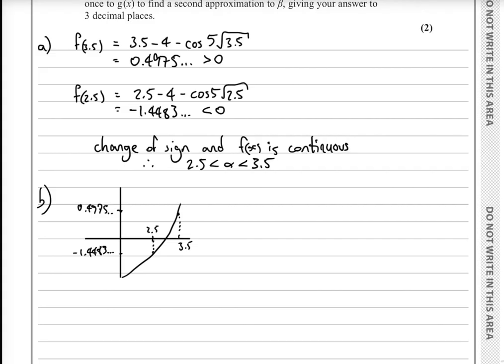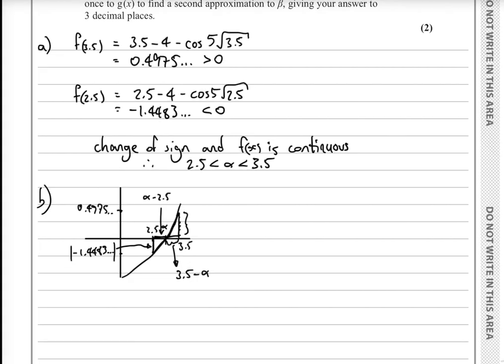And you can make similar triangles here. We've got this triangle here, where we know this and we know this. The middle here is alpha, so this here is 3.5 minus alpha, that's the distance there. And same idea with this triangle here. This distance is alpha minus 2.5, and this distance is this number on the side here, the magnitude of, I should say.